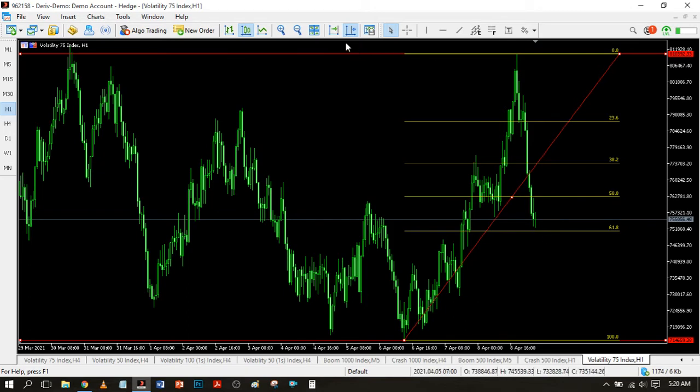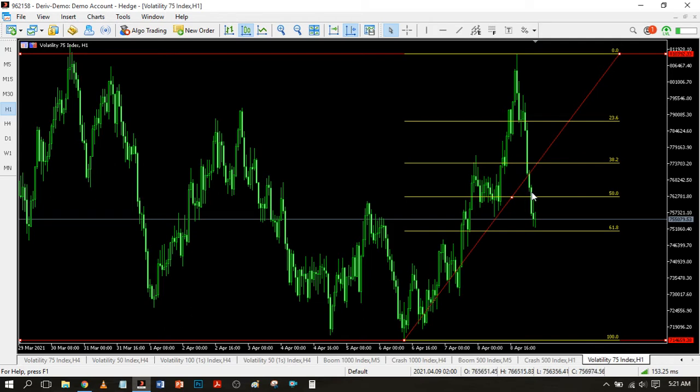Now one thing I want you to have in the back of your mind is what we call the golden rule. The golden rule for the Fibonacci is that price reverses at 50 and 61.8. So all you're going to concern yourself with are these price levels, 50 and 61.8. You'll be looking for price to reverse at these levels.